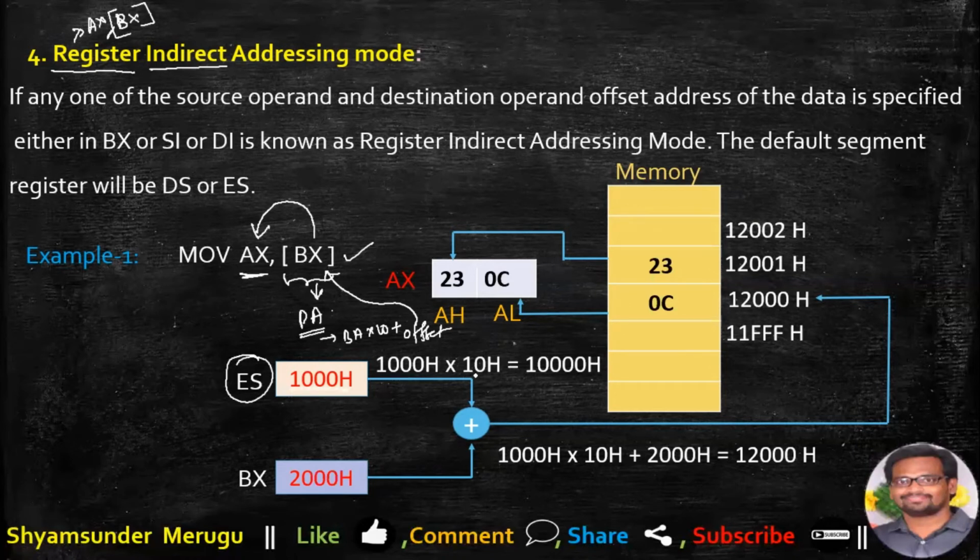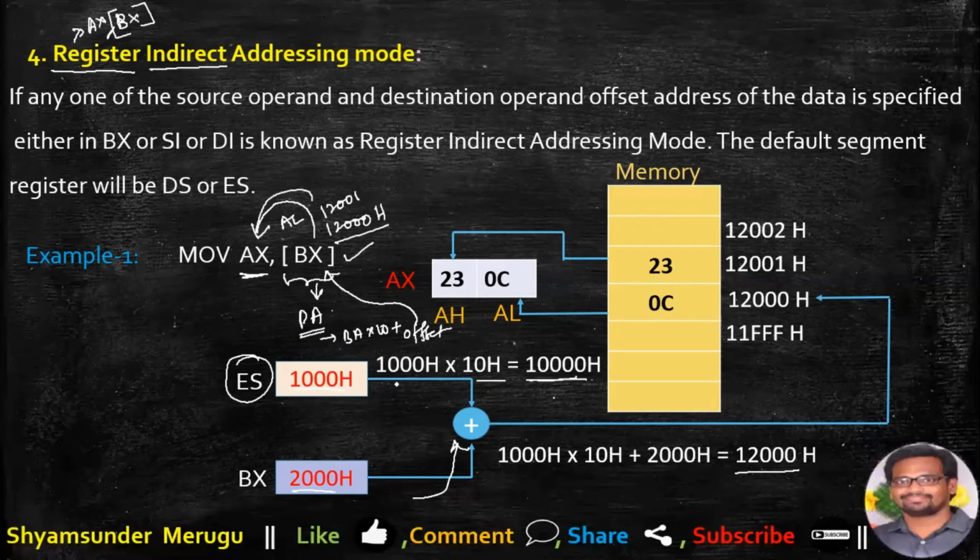Now 1000H into 10H, we get 10,000H, right? Now we assume the offset address is 2000H, and we have to add that 2000H, right? So here we have 10,000H and here we have 2000H, so that we get 12,000H. Now the data which is available in 12,000H will be moved to AL and AH.